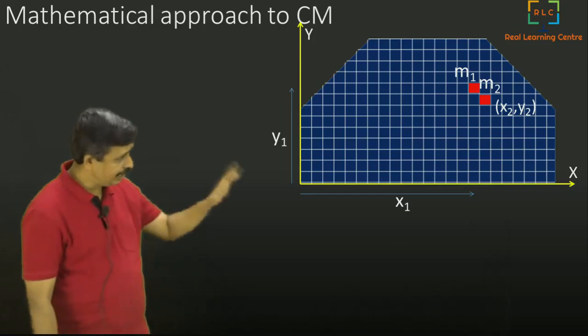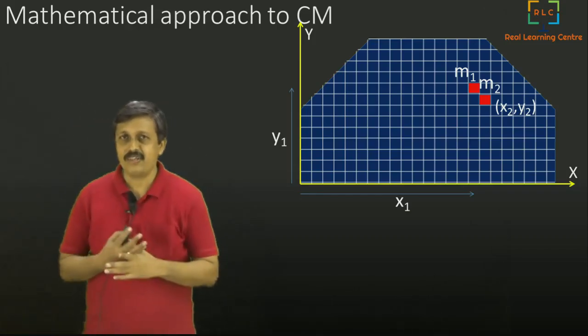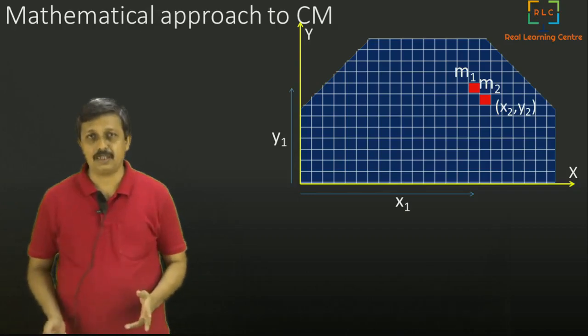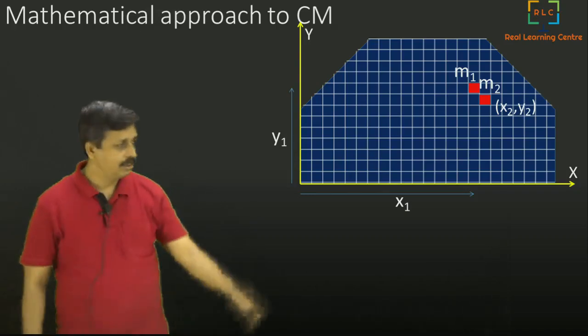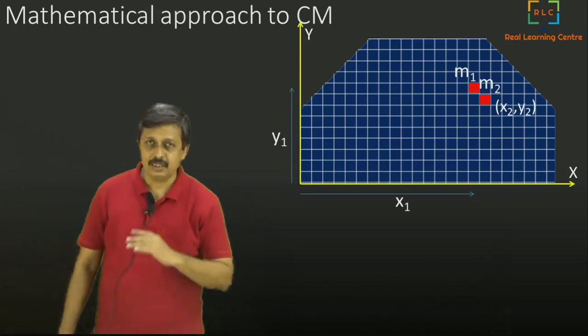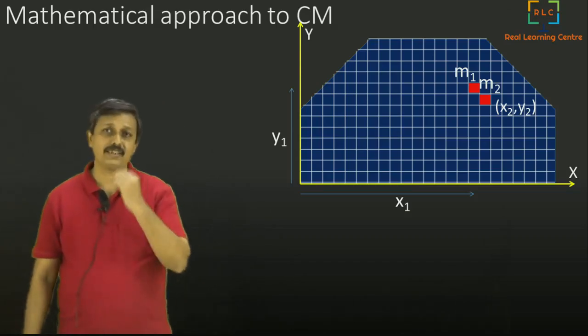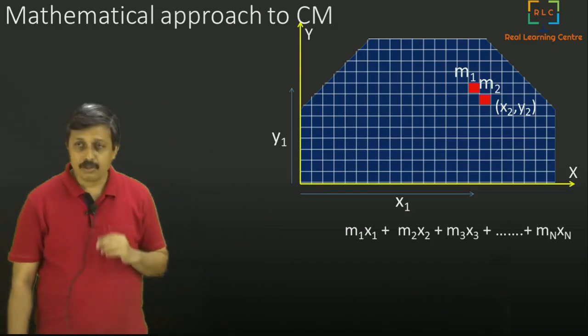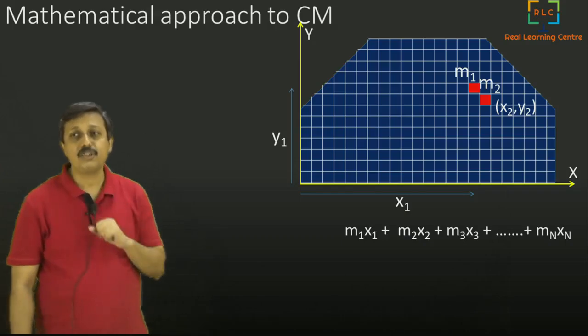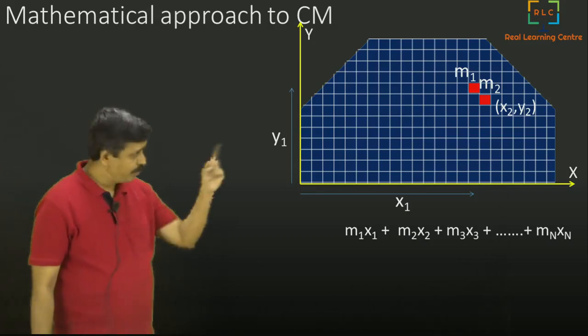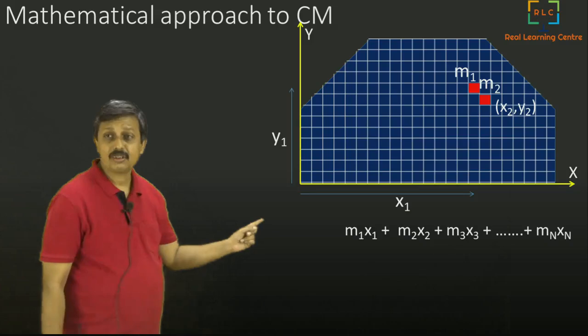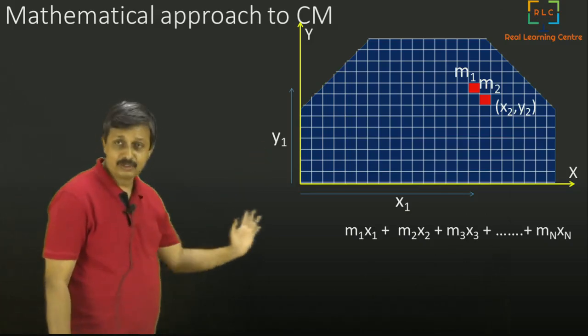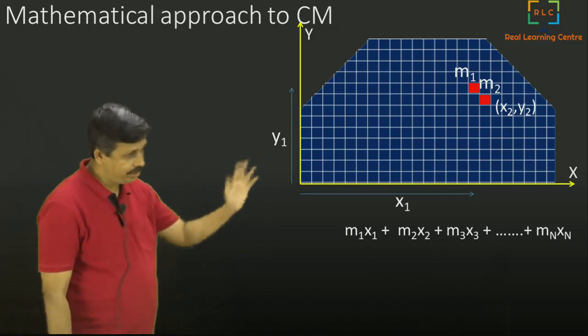In such scenarios, this is a mathematical, very rigorous approach to finding the center of mass. There are simpler methods, but we need to know the more rigorous method to find the center of mass. So now, how do we find out the center of mass? What we will do is, we take m1 into x1, m2 into its x coordinate x2, plus m3 x3.